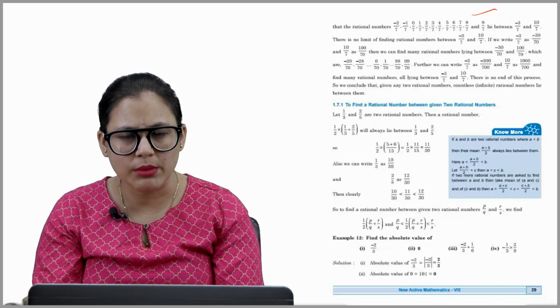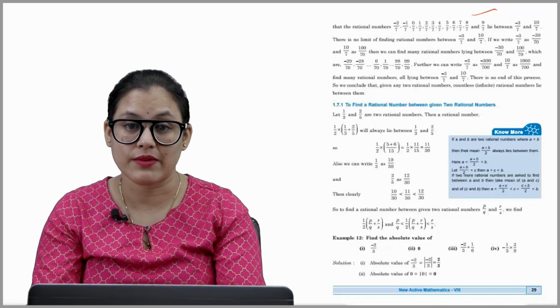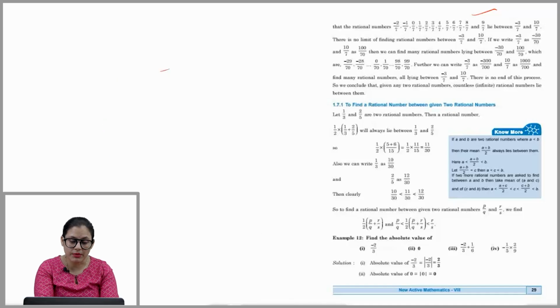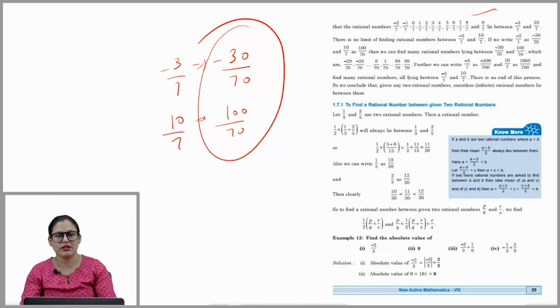There is no limit to finding rational numbers between minus 3 by 7 and 10 by 7. If we write minus 3 by 7 as minus 30 by 70, and we write 10 by 7 as 100 by 70, then we can find many rational numbers lying between these two rational numbers.